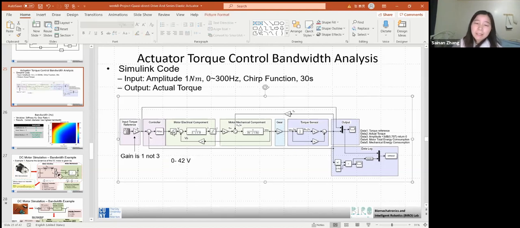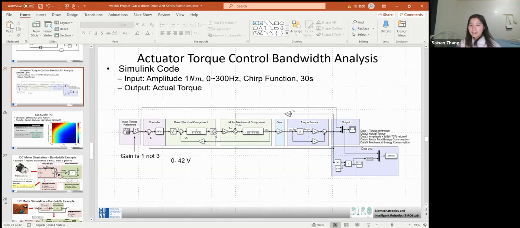It will set the voltage limit between 0 and 42 volts. And here is the current limitation. How to set it? It is based on the real motor's parameters. I will write the limitation here, and when you program it, you can use it.